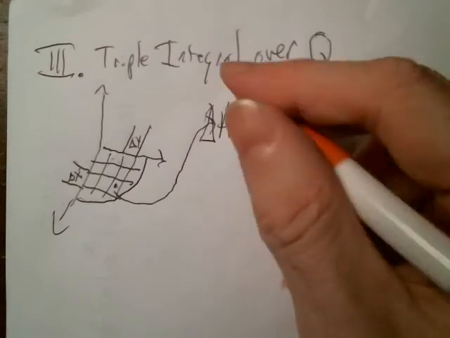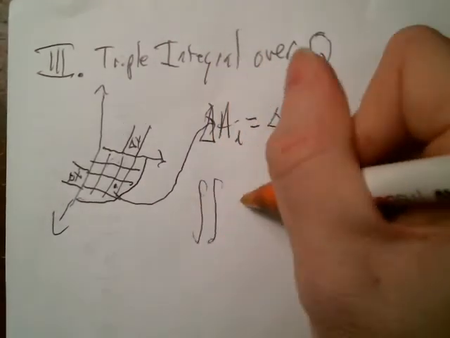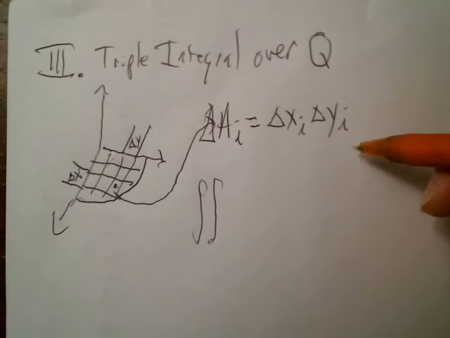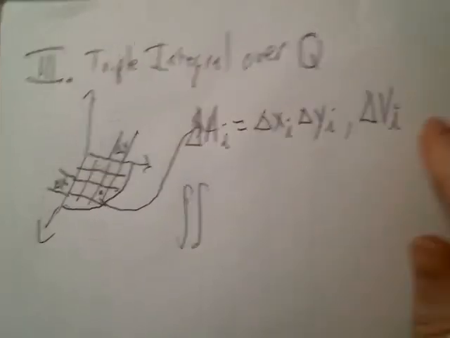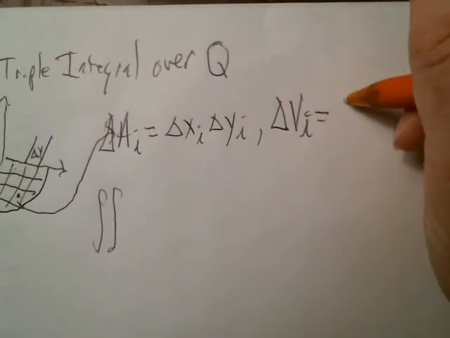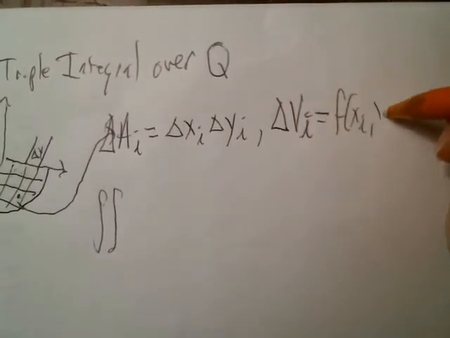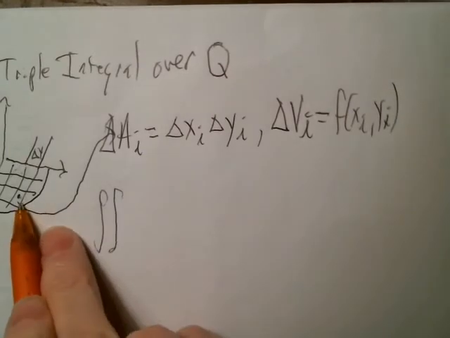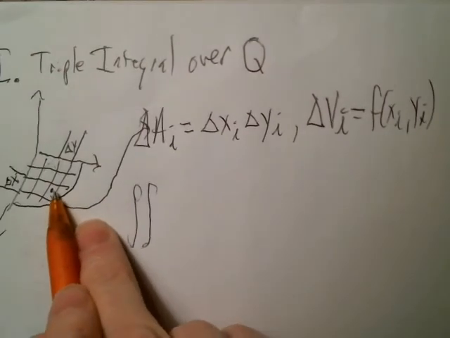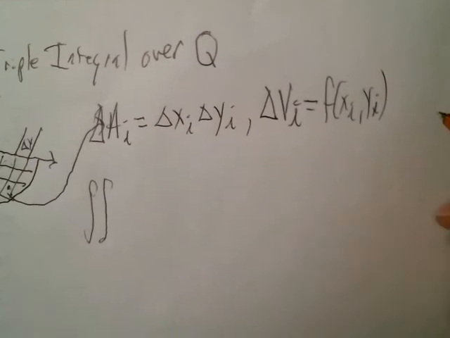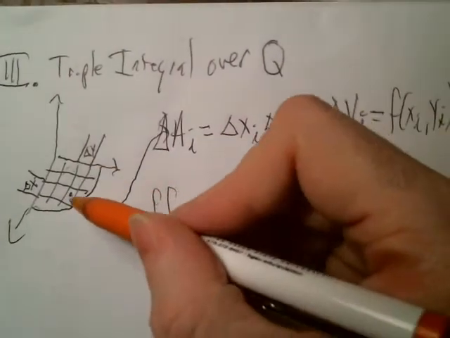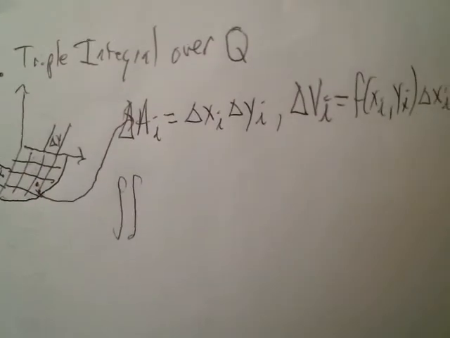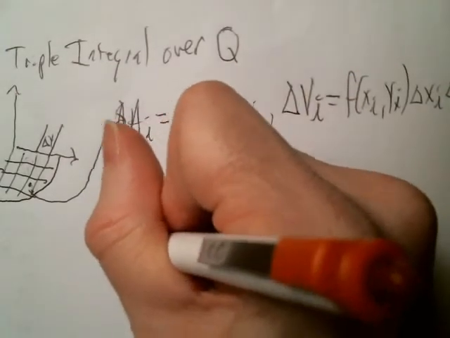If we want to get ambitious, we can attach a function to this, and what the Riemann man is then adding up is a volume, right? So in that case, it would be f of x sub i comma y sub i, where I'm inputting this point x sub i comma y sub i into some function, which can represent anything you want, and then multiplying it by the area, and that would give me the volume of some rectangular solid, and that's kind of what our double integral is doing.